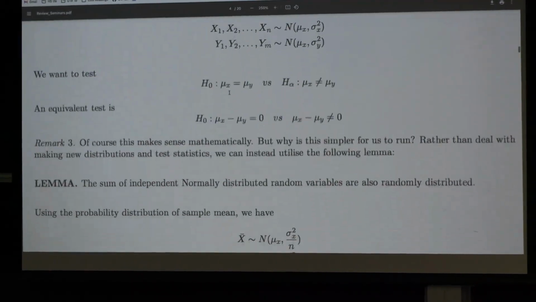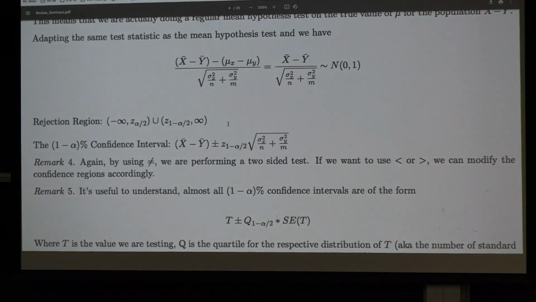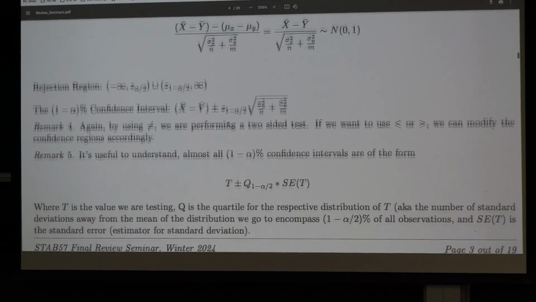But when we go to the mean testing, you notice that we now have to consider both the sample mean in the form of our x and y bar and our true population variances, which means we actually have quite a few cases for what this test statistic turns into.